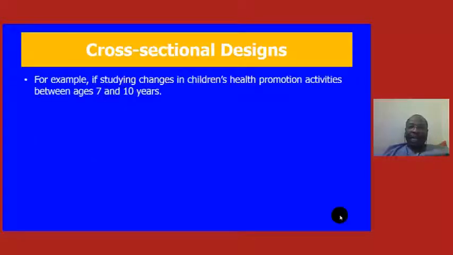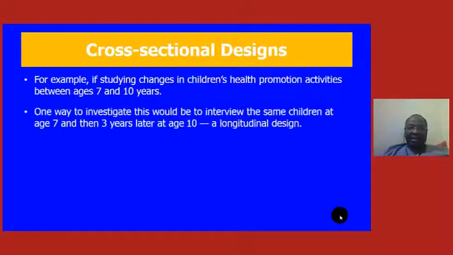For example, consider studying changes in children's health promotion activities between the ages of 7 and 10 years. One way to investigate this would be to interview the same children at the age of 7 and then 3 years later at the age of 10. That is a longitudinal design.